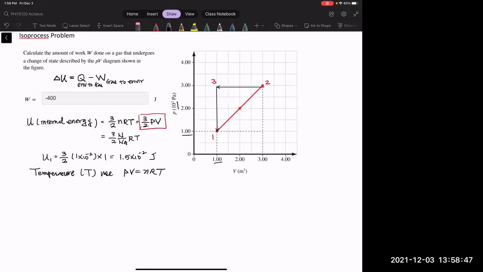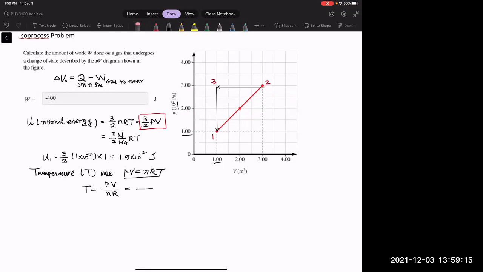Now, it's very easy to read the P and V. And in this equation, the only things that will change are P and V. n is a constant. R is a constant. Well, n is the number of moles, unless you change the number of moles inside of the system. Otherwise, n normally doesn't change. And therefore, you can find the temperature that is equal to PV over nR.